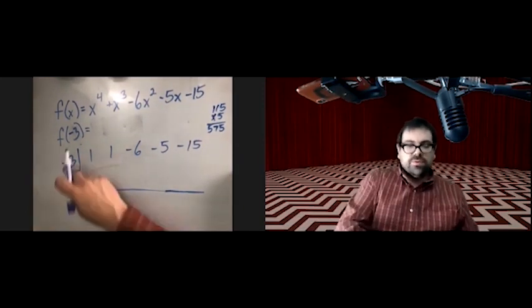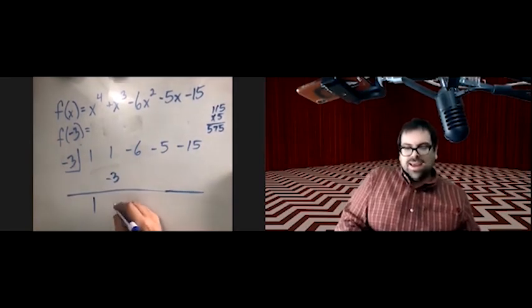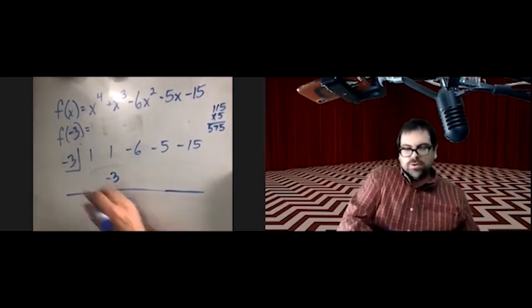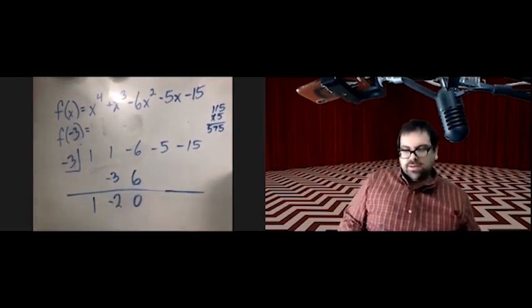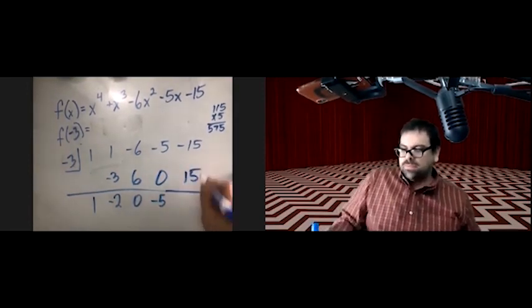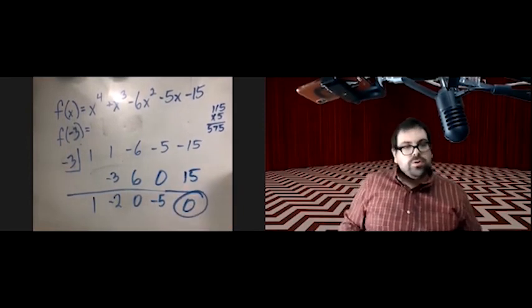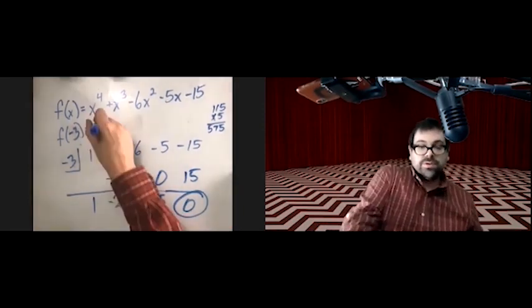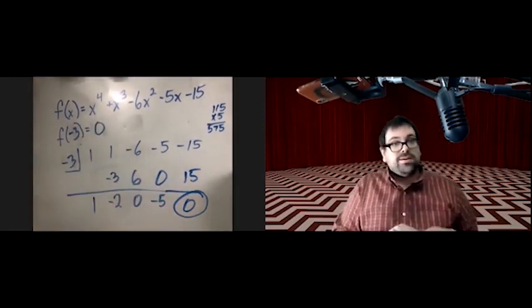Bring down the first number, multiply and add. Multiply and add. Multiply and add. Multiply and add. Remainder is 0, so f of negative 3 is 0.